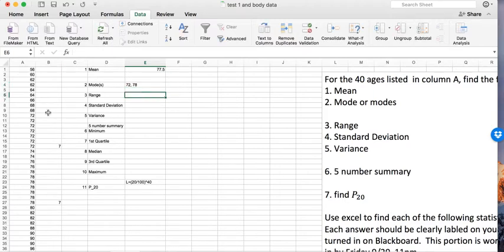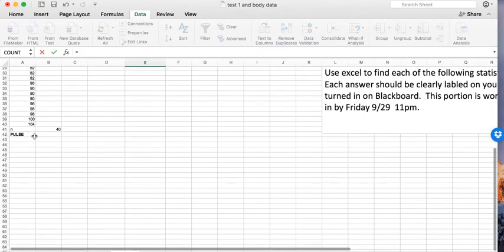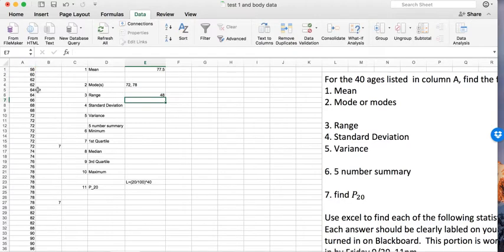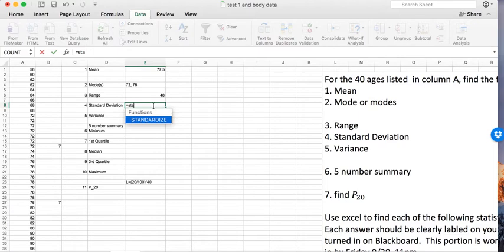The range is simply the maximum minus the minimum. The standard deviation can be found by Excel too under STDEV sample.